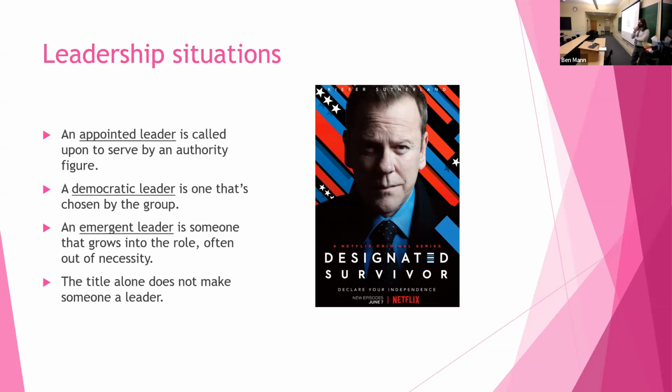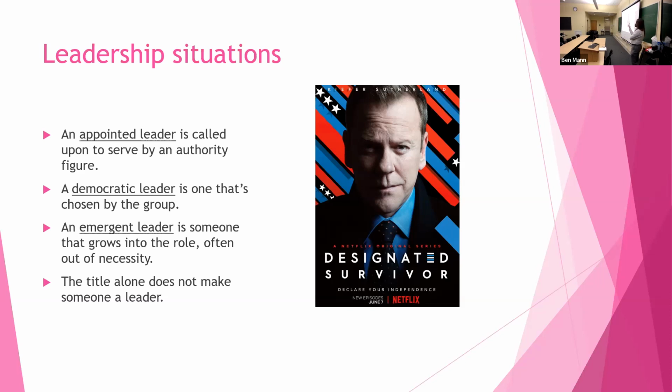A democratic leader, right, is somebody that's chosen by the group. There are a few different examples of being a democratic leader. For instance, when you've done activities in class, sometimes you might be nominated or be the person that people in the group ask to share whatever activity you're working on, or maybe to go first.